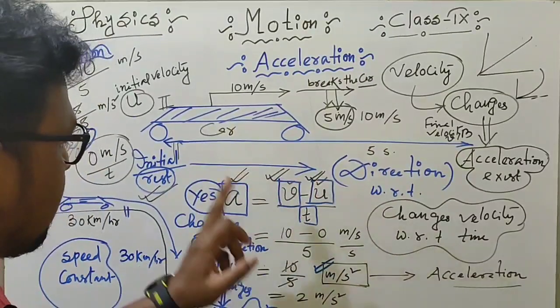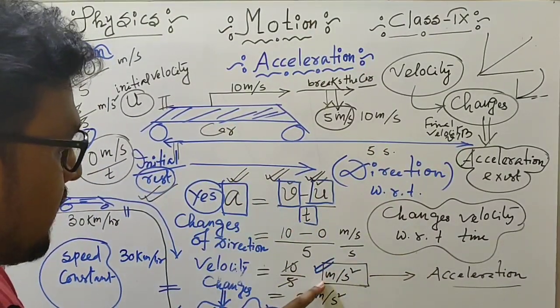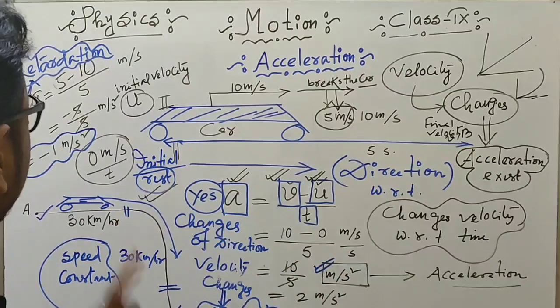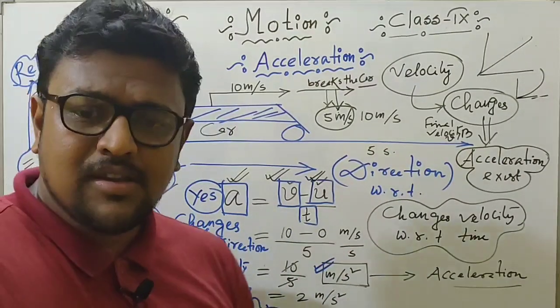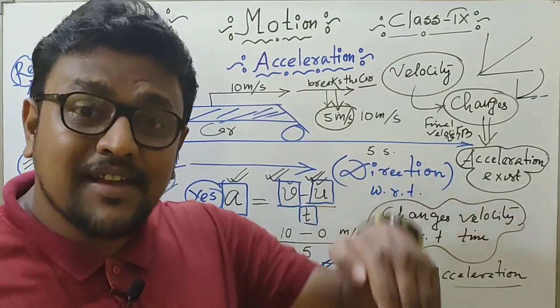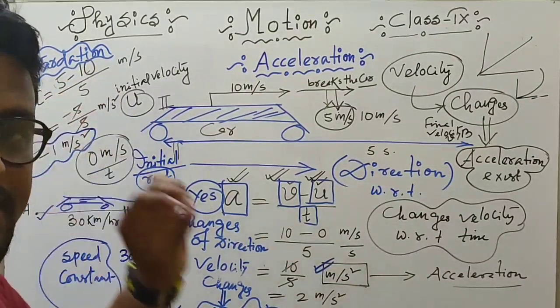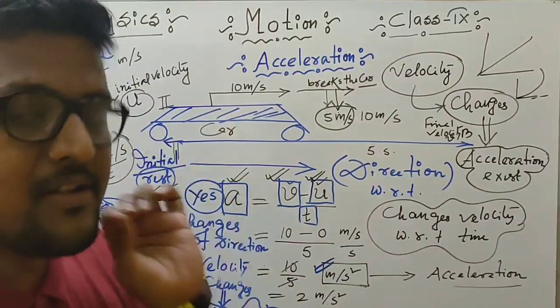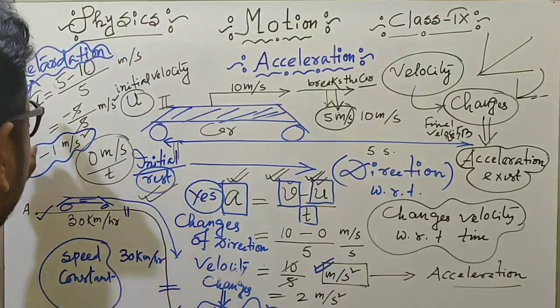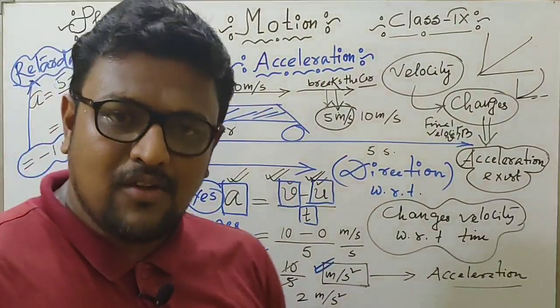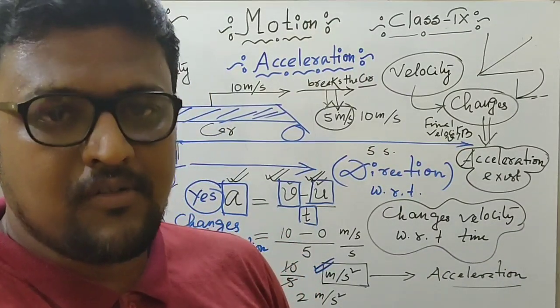And what is the unit of acceleration? That is meters per second squared. When acceleration comes negative, or you can say the velocity decreases, it is called retardation, or negative acceleration. That means at that moment the value will come negative, right?